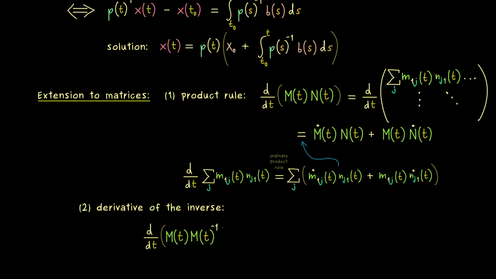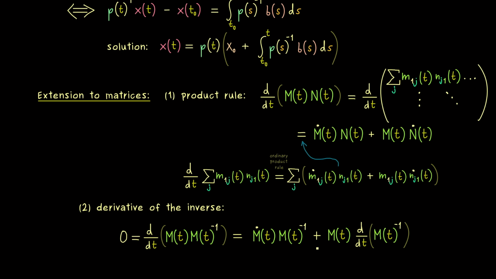In other words, the derivative of this product is definitely equal to 0. But on the other hand, we can also use our nice product rule to get a formula out. So this means what we get here is a sum where the first term is just m dot times m inverse, and the second term is m times the derivative of the inverse. And to make this really clear, we write d dt of m of t to the power minus 1.